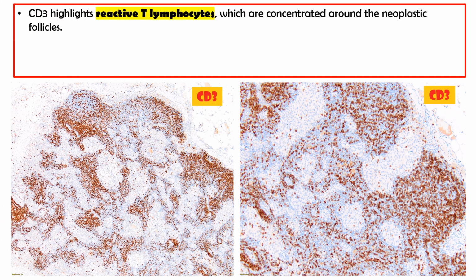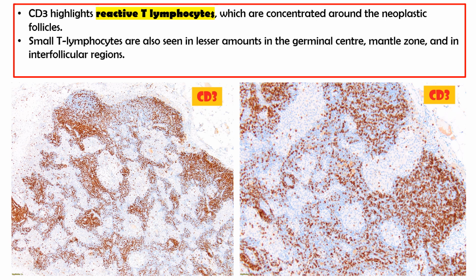CD3 highlights reactive T lymphocytes, which are concentrated around the neoplastic follicles. Small T lymphocytes are also seen in lesser amounts in the germinal center, mantle zone, and interfollicular regions.